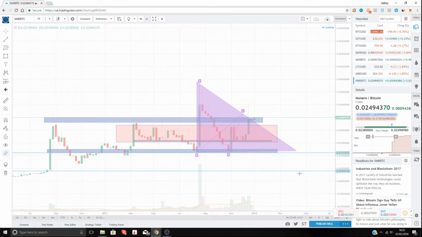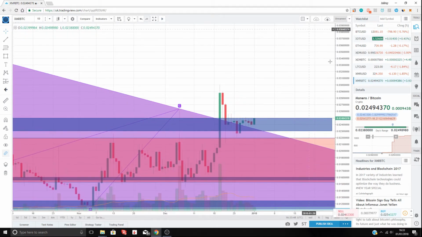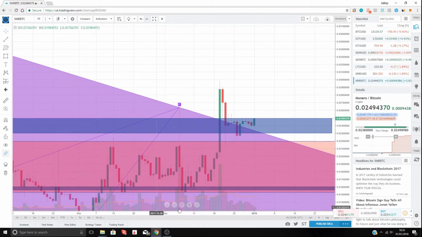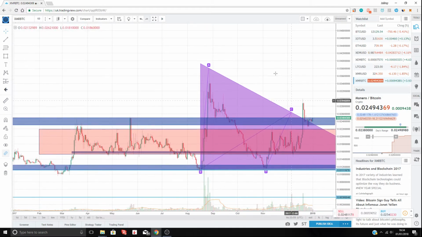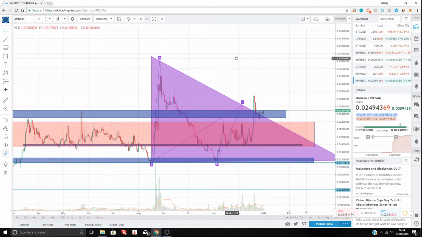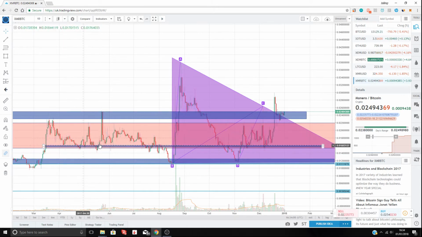But yeah, let's just have a look. Let's go down to the daily. It's going to be squashed here because I was looking at the weekly. Let's get this back to a decent level. So as you can see, this area as well, between this larger range, between the two blue zones, there was this sort of range in between the range for a while, this red zone here, and then price came back to this sort of area and then got caught in traffic again.